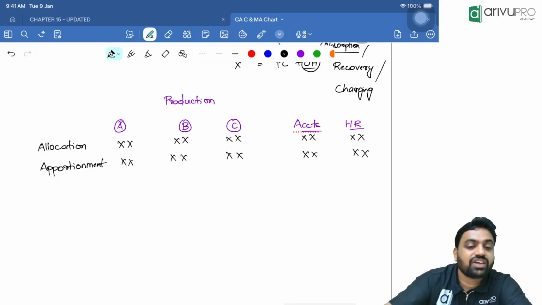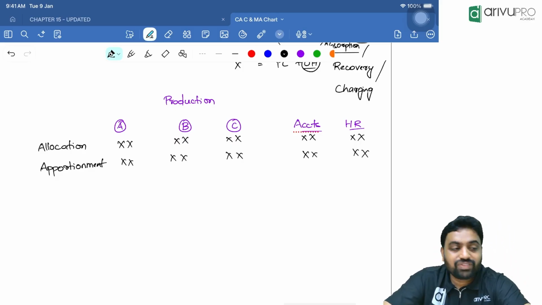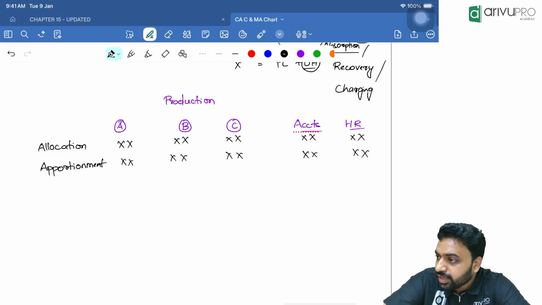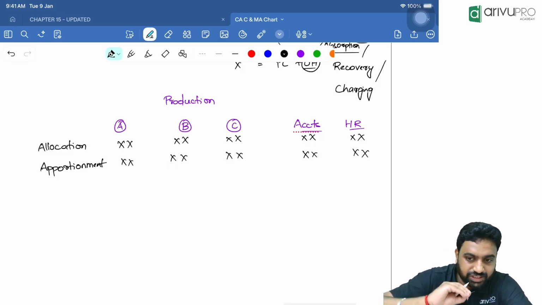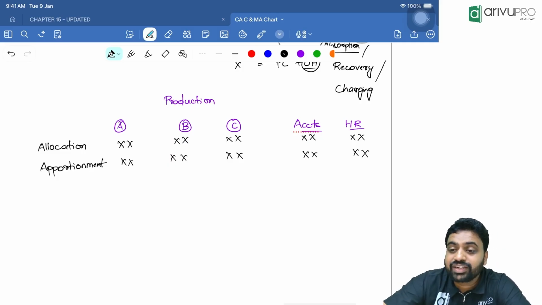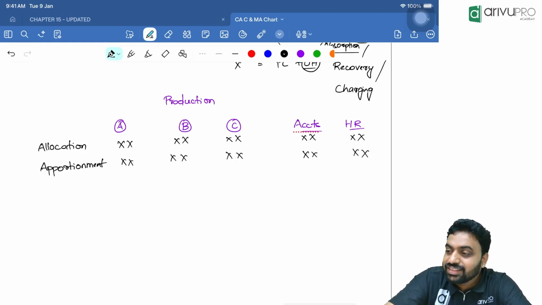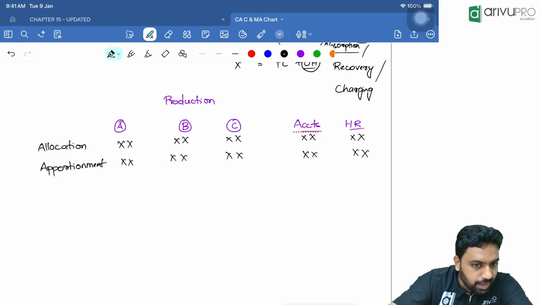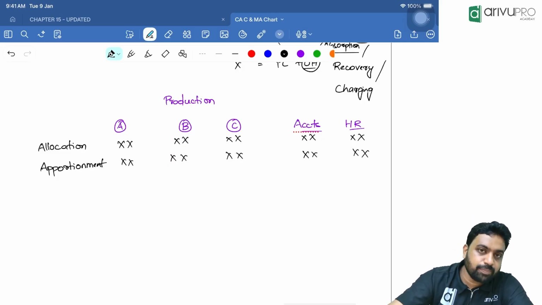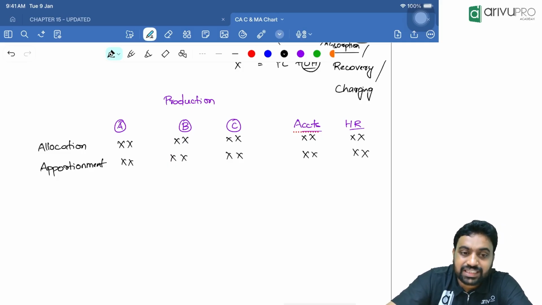That means anything which you can trace with the final product is direct expense, direct charges, direct cost, prime cost, and will be charged to the product directly. But which you cannot trace will be overhead. In that overhead again, which you can trace with the particular department, we will allocate to that department straight away. But which you cannot trace with any particular department, but is a common expense for many departments, when you divide it between the departments, that process we call apportionment.